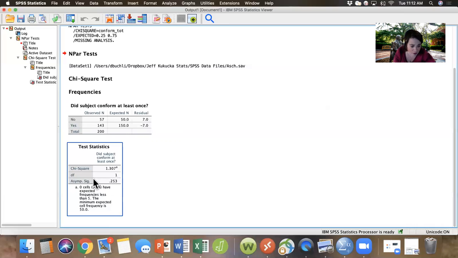So because 0.253 is larger than 0.05, we retain the null hypothesis and conclude that, in fact, people in Dr. Mori's sample were not significantly different from Asch's original study. So essentially, people are just as likely to conform nowadays as they were in the 1950s.